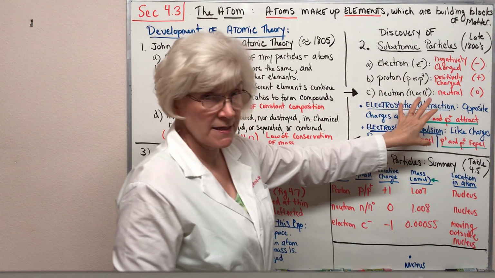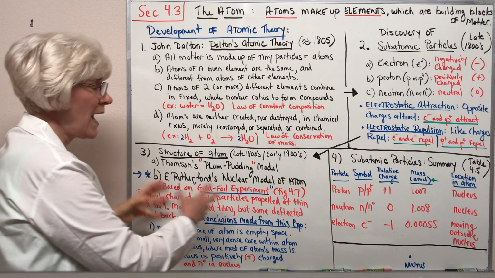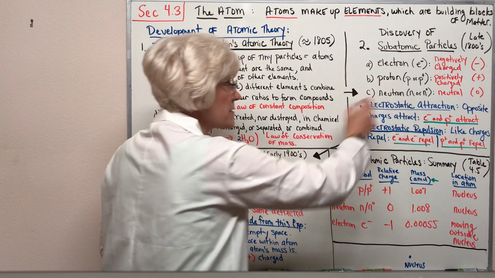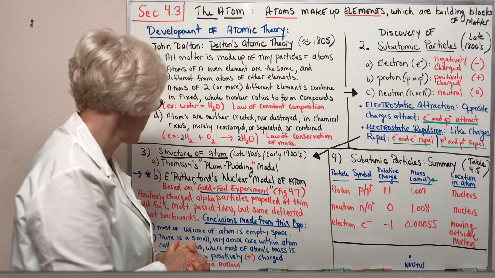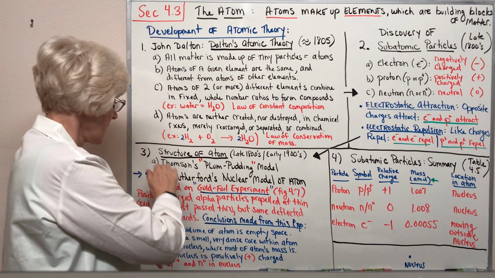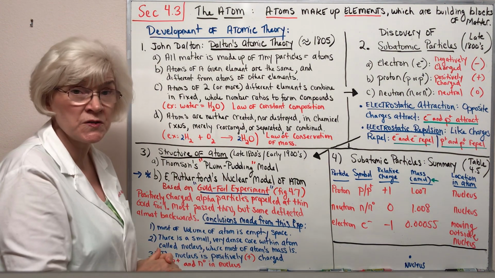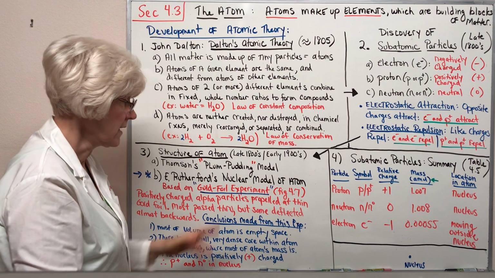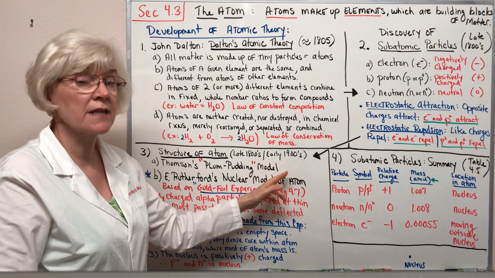With these ideas in mind, scientists then asked, well, how are these subatomic particles that we know are present in the atom actually arranged? The first individual to postulate that was J.J. Thomson, and his model was known as the plum pudding model. And a point here to mention, the neutron had not yet been discovered.